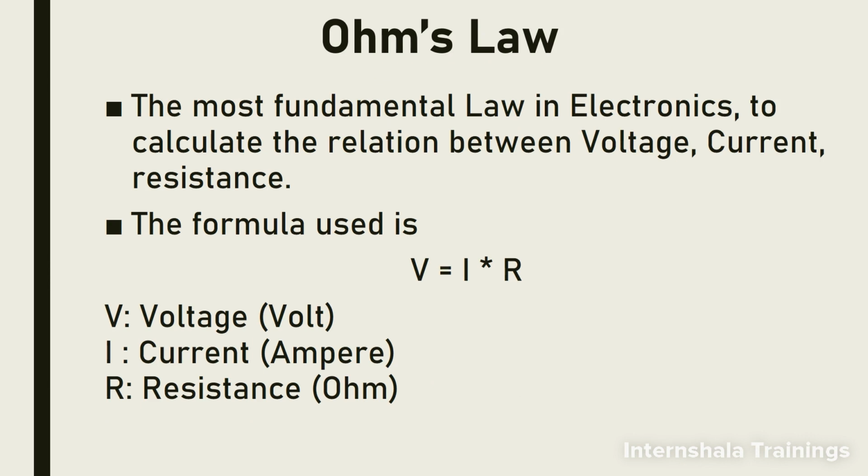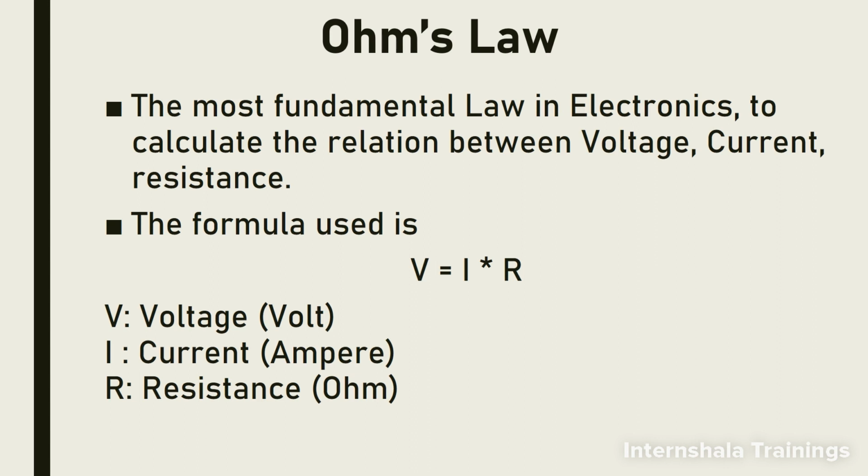Before going any further, let's talk about Ohm's law. Ohm's law is the fundamental law for any electronic circuit, and it illustrates the relation between voltage, current, and resistance. Named after the German physicist Georg Ohm, this law is very useful to calculate the current you will get in your circuit.